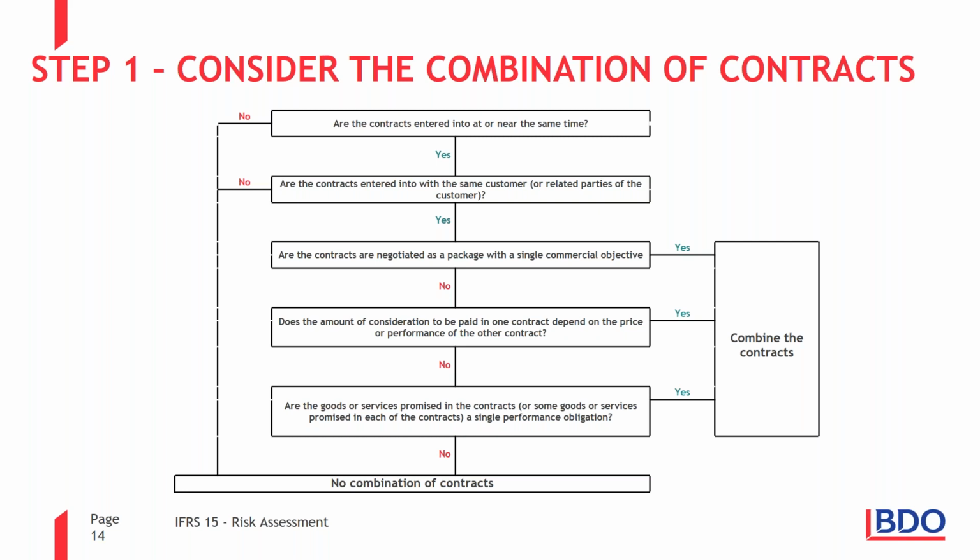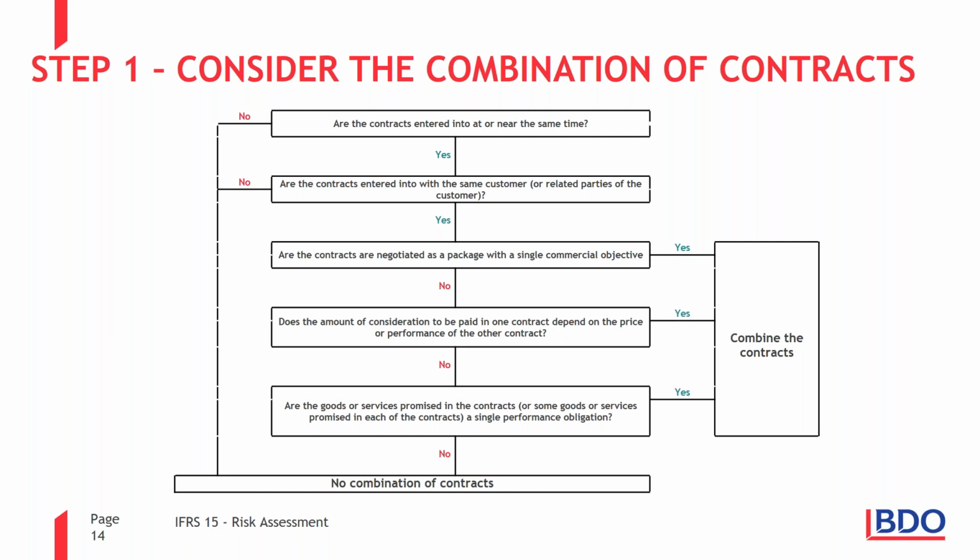So for instance, and I think this was my example, if we did a renovation of a house, although there might be a contract for the kitchen and a contract for the media room and a contract for different parts of the house, ultimately it's for the renovation of that house.